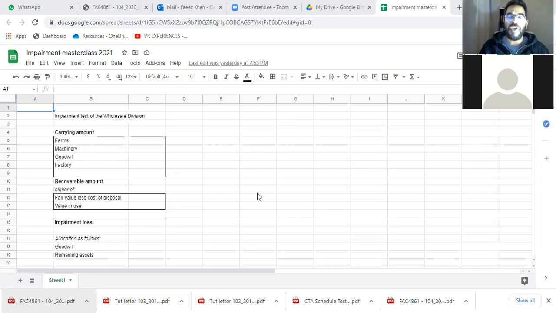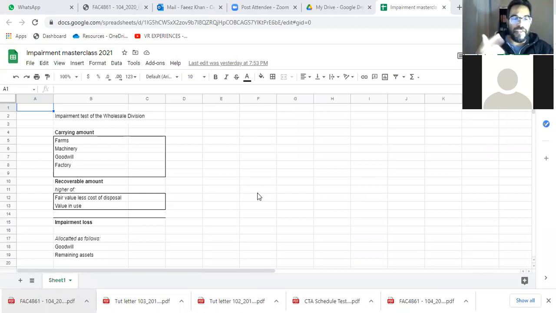Remember, the CGU, which is the smallest group of assets that can generate cash inflows independently, is the wholesale division or the retail division. We are dealing with the wholesale division. Remember, the recoverable amount is the higher of the value in use and the fair value less cost of disposal. I generally do the recoverable amount first, that's the easiest.